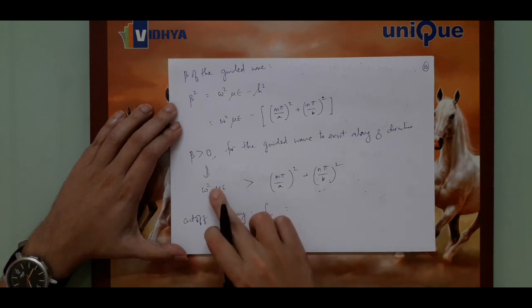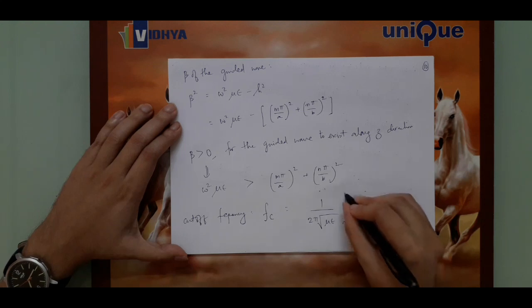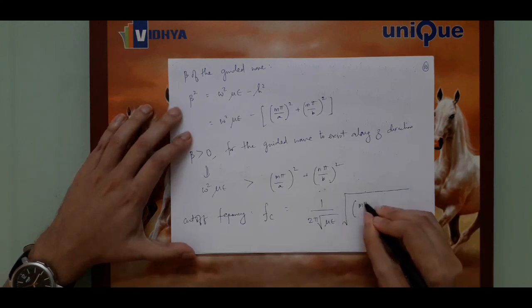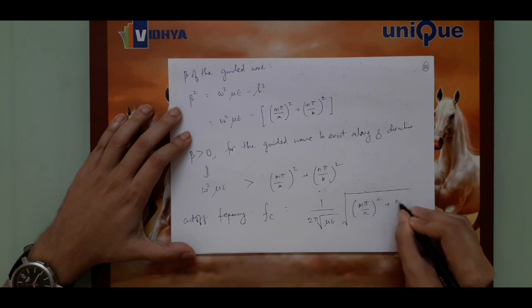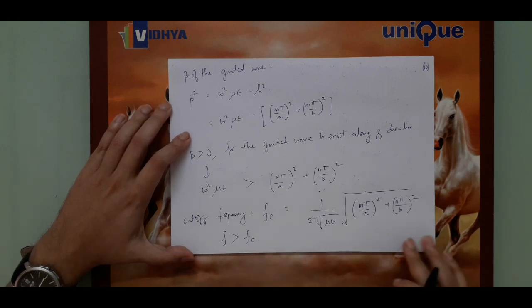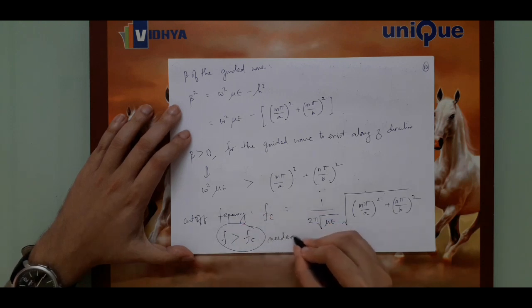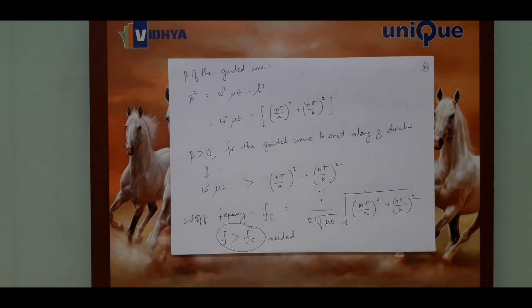That will be nothing but 1 by 2 pi under root mu epsilon times under root of this whole quantity. So we always need f to be more than fc for the wave to propagate. Just like in the case of parallel plane waveguide, even rectangular waveguides have a cutoff frequency.